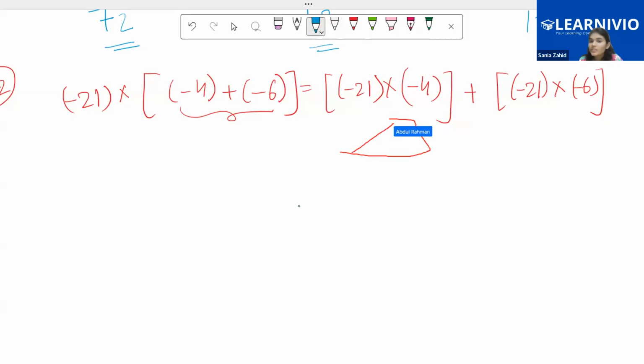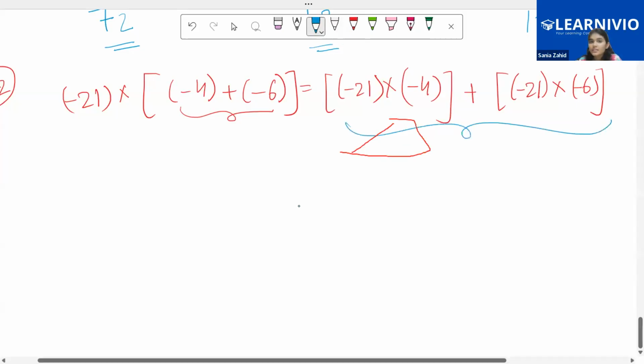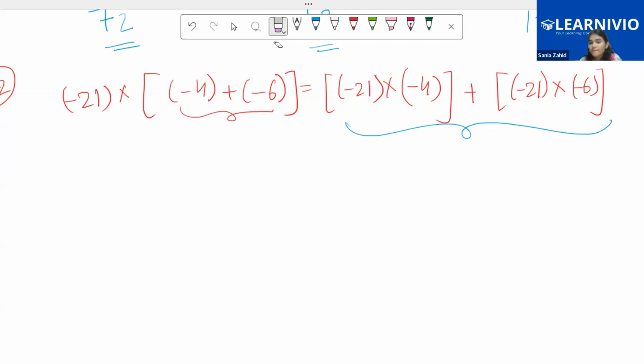No, it should be the same answer on adding the entire thing. The entire answer should be equal. First, you solve whatever answers you're getting. Total answer should be same.